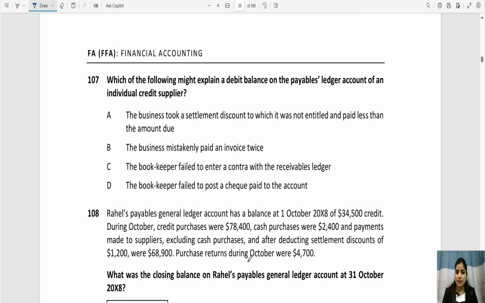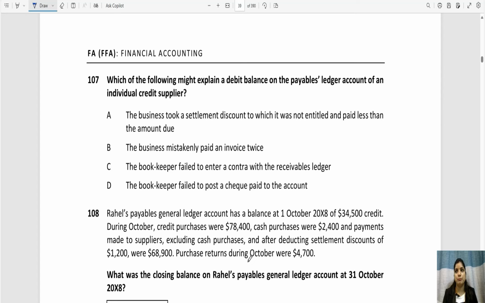The payable ledger account is created when we have purchased something on credit from our supplier. In that case, it should be posted on the credit side and it will increase the payable balance. But here in our question, there is a debit balance on the payable ledger. So what does that mean?